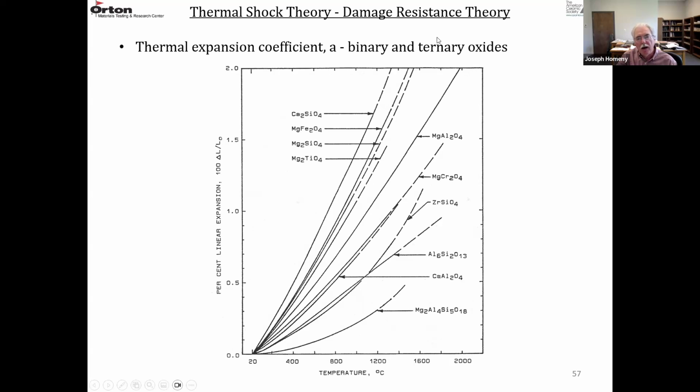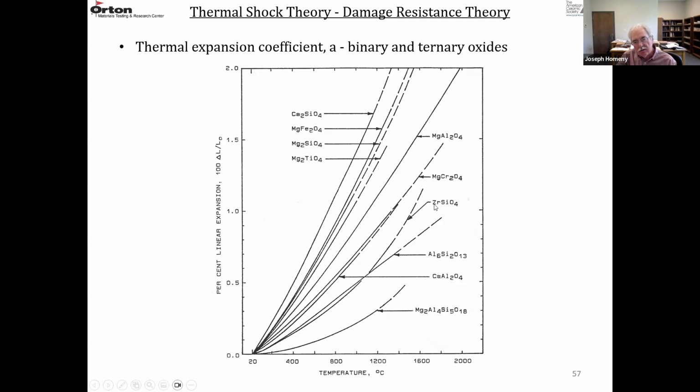Same plot for binary and ternary oxides, expansion versus temperature. These are spinel type structures. This is actually spinel MgAl2O4, another spinel, another one, a calcium silicate and a magnesium silicate. This is phosphorite, and this is zircon.